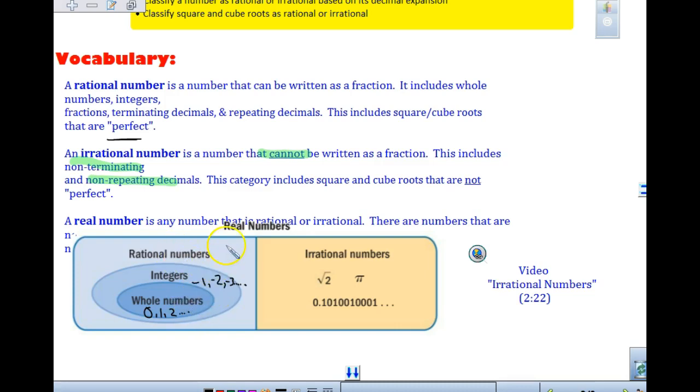And then you get to rational. This is where you're going to have the fraction part. So if it gives 3/4, that's going to be rational, right? It can't be an integer, it can't be a whole number. If it is 0.57 repeating, it's going to be rational, right? Because it says up here, it's our terminating and repeating decimals.